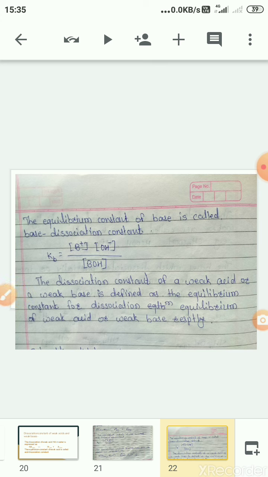The dissociation constant of a weak acid or weak base is defined as the equilibrium constant for the dissociation equilibrium of the weak acid or weak base respectively. Or simply, the equilibrium constant of a weak acid is called the acid dissociation constant, and the equilibrium constant of a weak base is called the base dissociation constant.